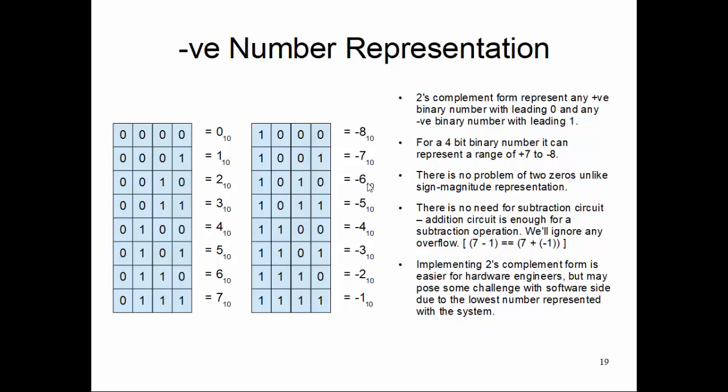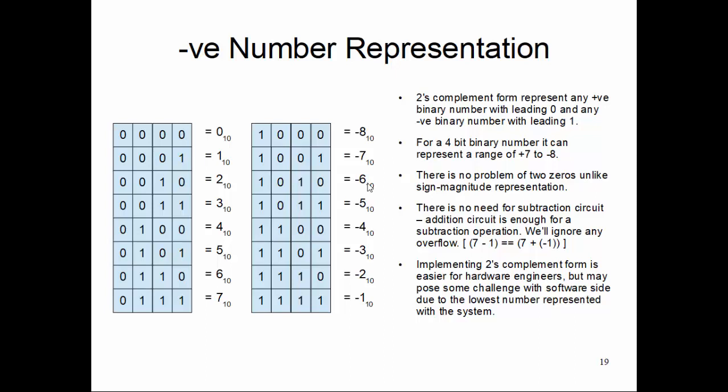But the point is that if such a problem comes in, converting a decimal value to a binary value in 2's complement form, one must specify how many bits we are talking about. Are we talking about a 4 bit 2's complement, or 8 bit? The reverse is also true. If we are given a binary bit pattern and asked to convert it into the corresponding decimal, we must say that this binary bit pattern is 2's complement of 4 bit or 8 bit or 16 bit.